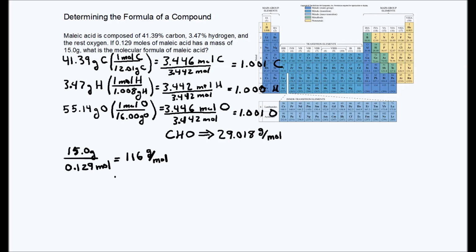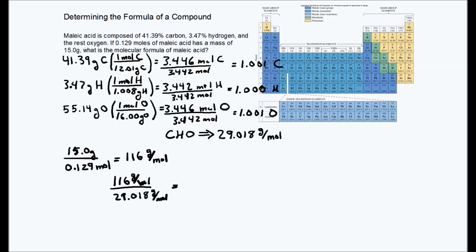So that's the actual molar mass. So now I take the actual molar mass, 116 grams per mole, and divide it by the empirical formula's molar mass of 29.018 grams per mole.